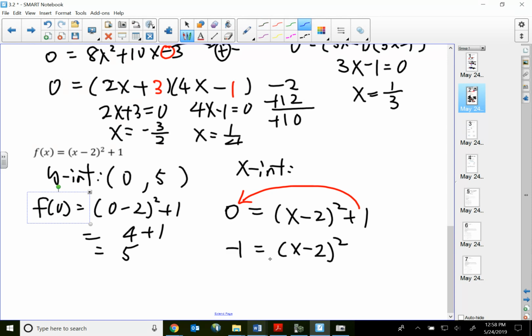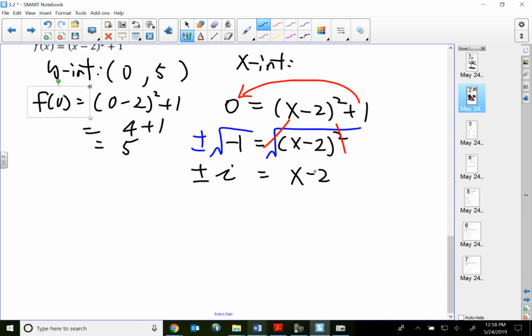When I take a square root on both sides, my answer should always be positive and negative. So the squared and square root cancel out, that gives me x minus 2. On the other side, the square root of negative 1 is not a real number because it's an imaginary number. When I move my 2 over, x is equal to 2 plus minus i.